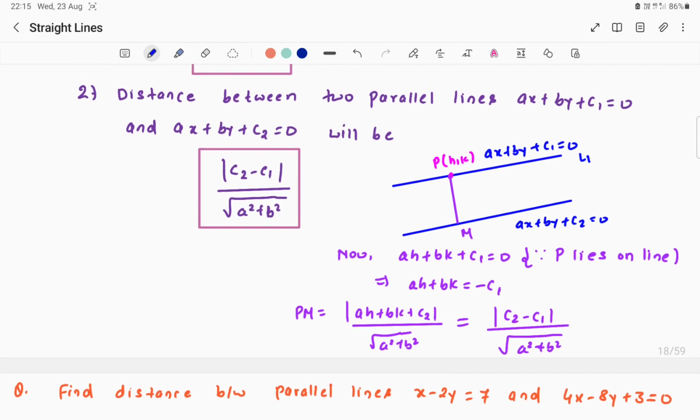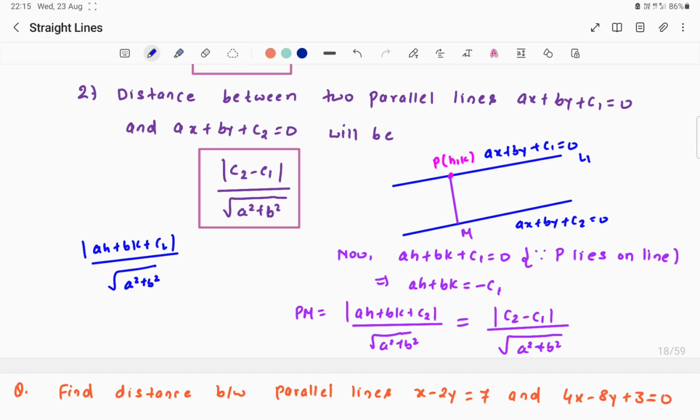So when you substitute, you will get mod of ah plus bk plus c2 divided by root under a square plus b square. But this point P also lies on the first line, so it will satisfy the equation ax plus by plus c1 equal to 0. Since P lies on it, we get ah plus bk plus c1 equal to 0.